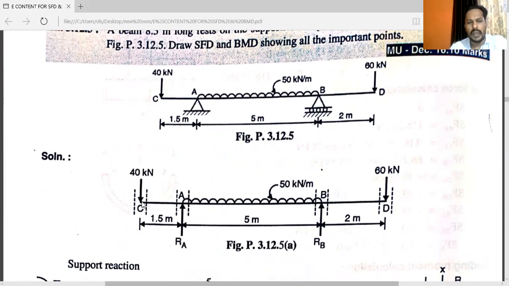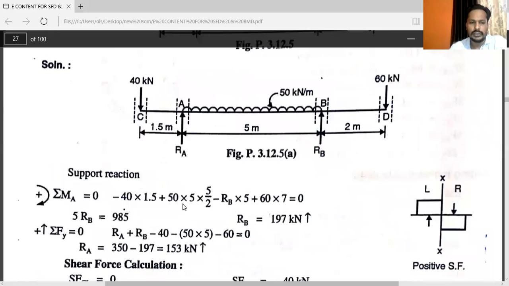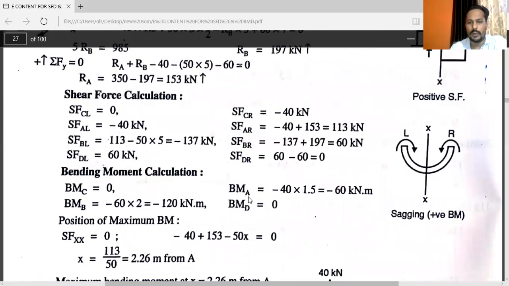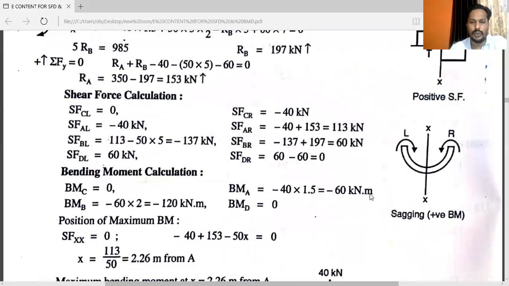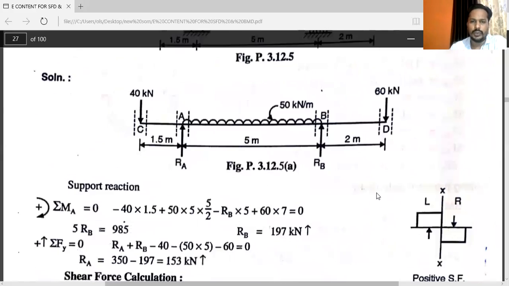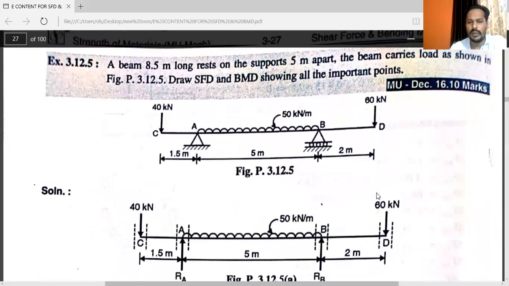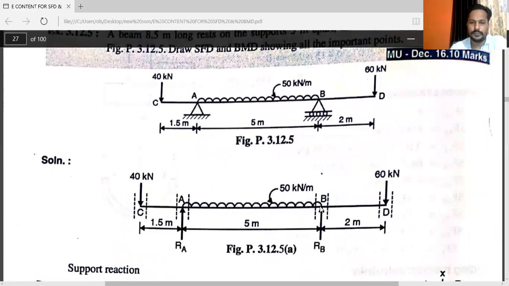So minus 40 into 1.5, that is the moment at point A. The bending moment at point A is equal to minus 40 into 1.5, that is minus 60 kilonewton meter.